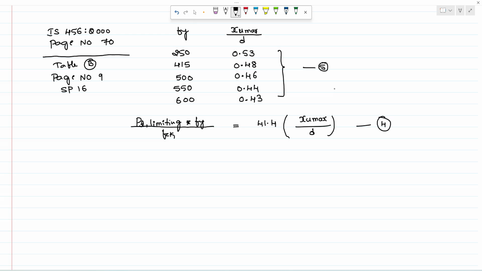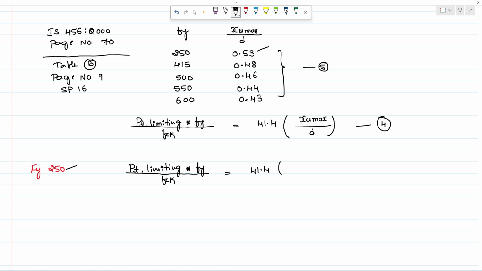In this equation, I will substitute XU max by D values. So first, for 250 grade, this equation will be PT limiting multiplied by Fy divided by FCK equals 41.4 multiplied by, for 250 grade, what is the XU max by D value?